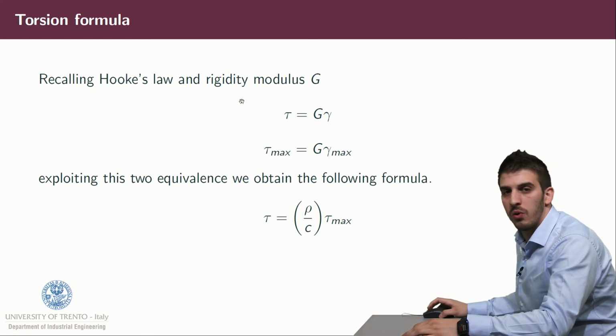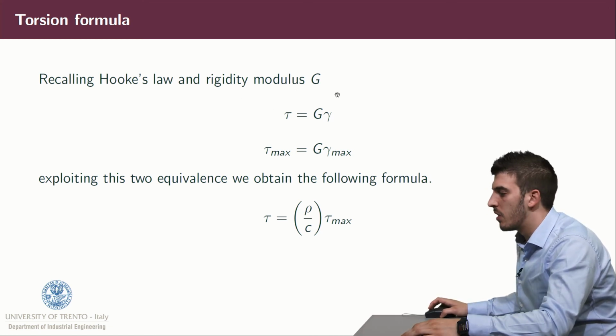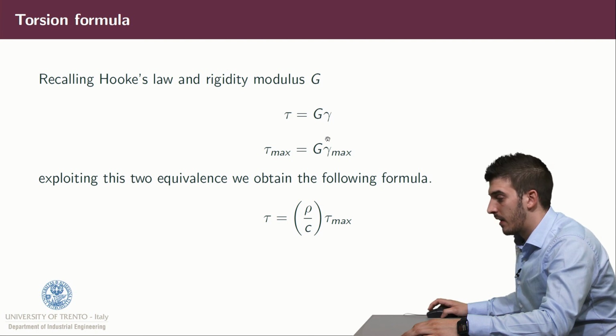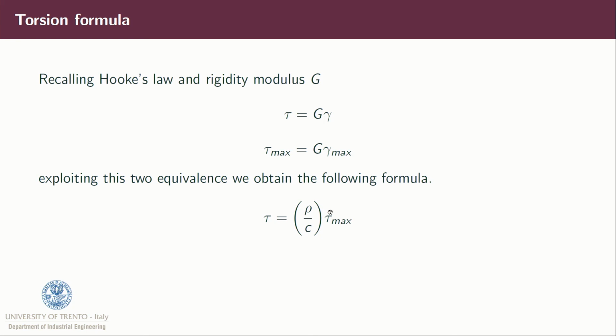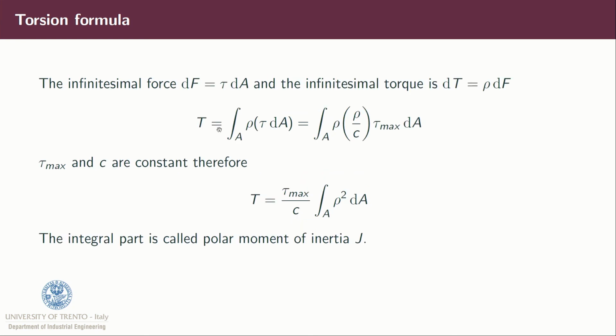We can now see the torsion formula. If we recall Hooke's law and rigidity modulus G, we have that tau is equal to G gamma. And so tau max will be equal to G gamma max. And we can say that tau is equal to rho over c times tau max. So the infinitesimal force dF will be equal to tau dA, and the infinitesimal torque dT will be equal to rho dF. So the torque at the end will be equal to the integral over the area of rho times tau dA, which is equal to the integral over the area of rho times rho over c times tau max dA.